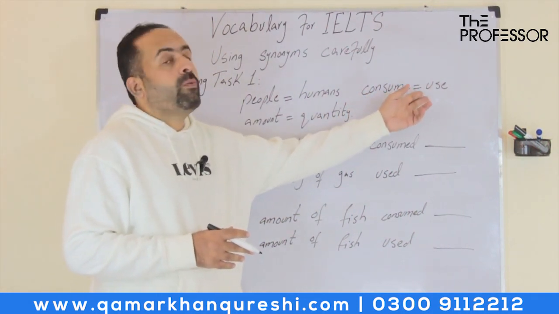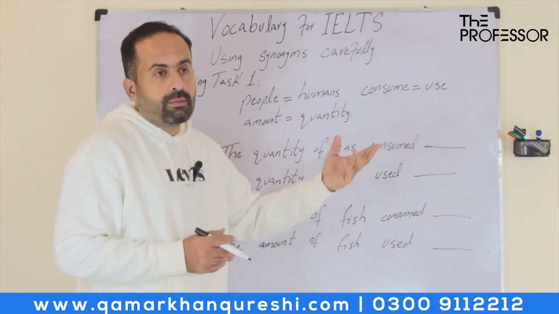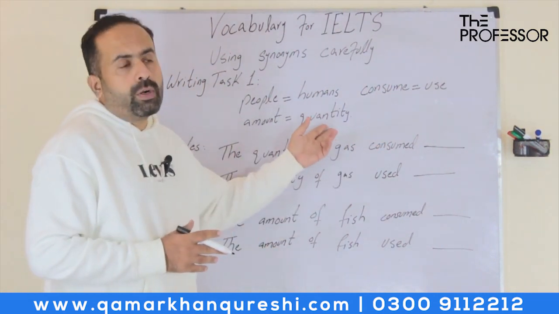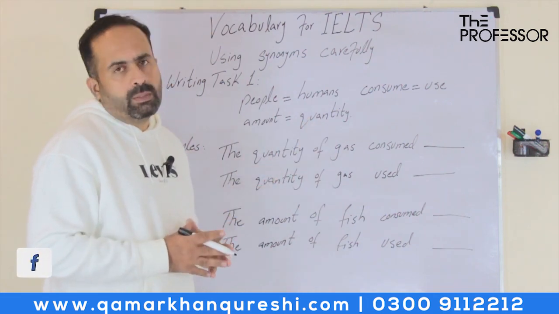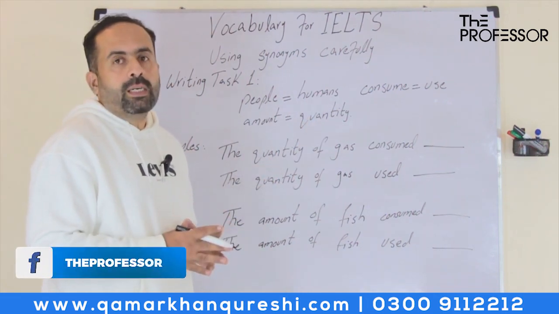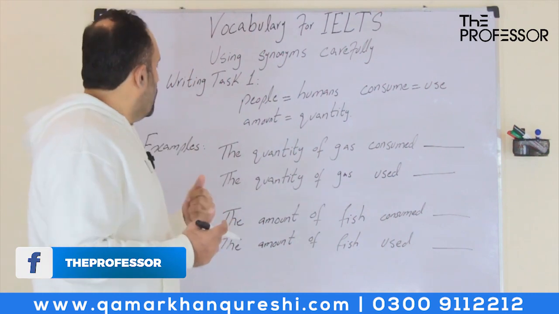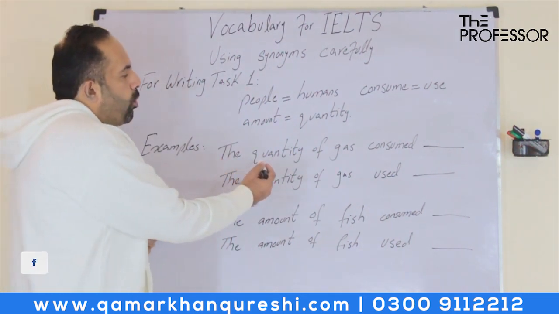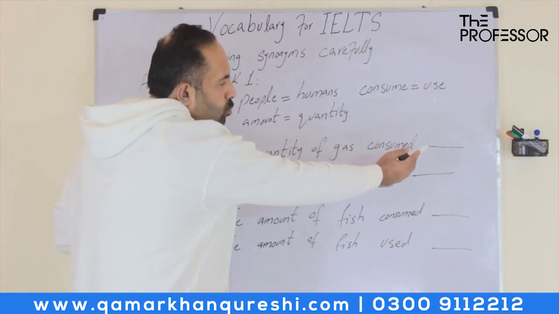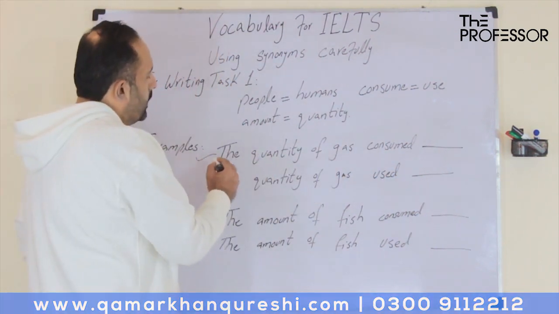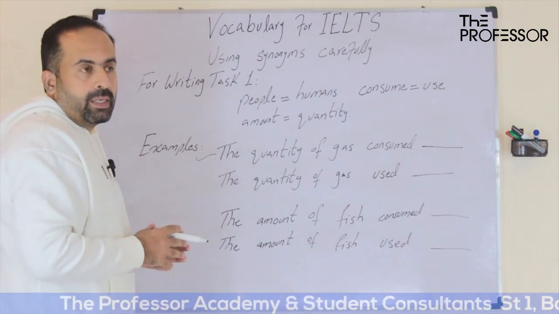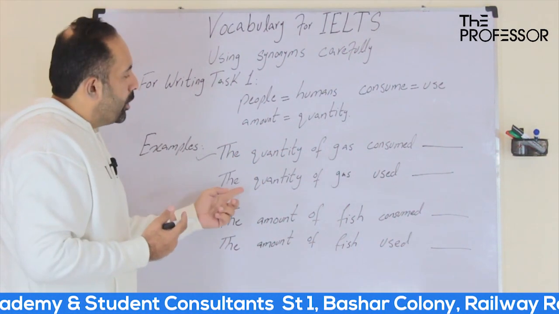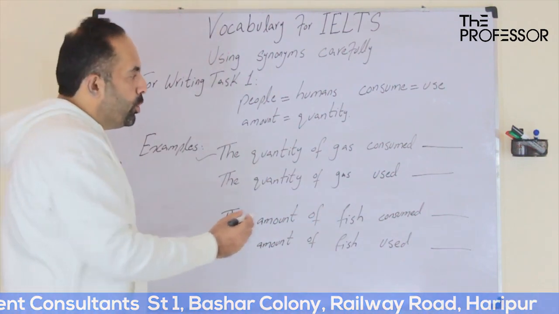For consume, we may use use, again, not always. Amount, quantity, almost always, but again it depends on the situation. So let's see some examples. The quantity of gas consumed, so this is correct. The quantity of gas used.